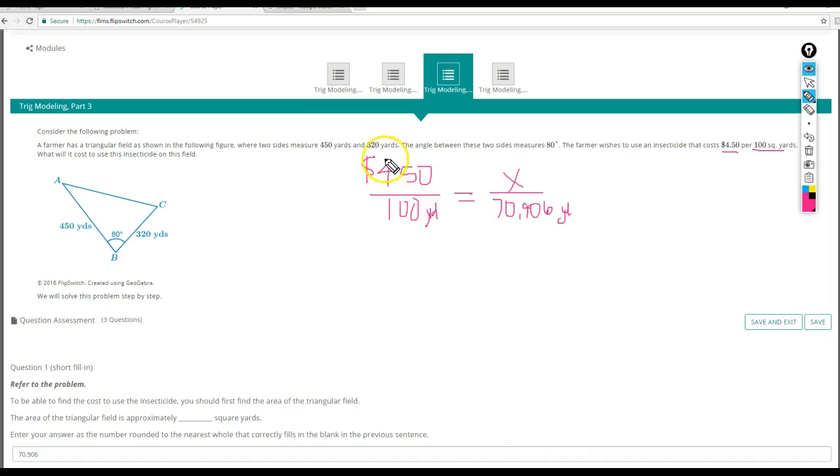So if I look at this, 4.5 divided by 100, that is a number. And I have an unknown divided by 70,906. So in order to solve for x, I'm going to multiply both sides by 70,906. And this is the multiplication property of equality.